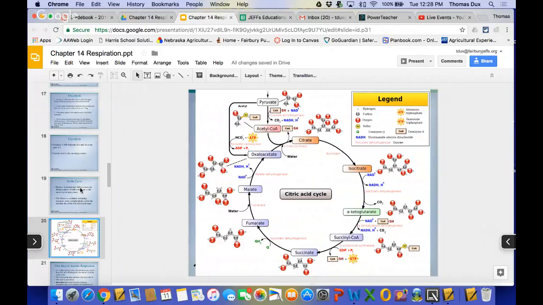We're going to carry electrons over to the electron transport chain to help make ATP. We're also going to be making some ATP as well, which this chart doesn't totally show, but that's also what we're going to be making. ATP, NADH, and FADH are then going to move into the electron transport chain.